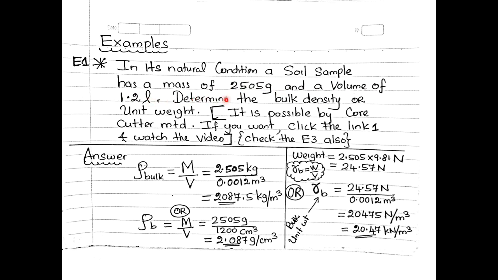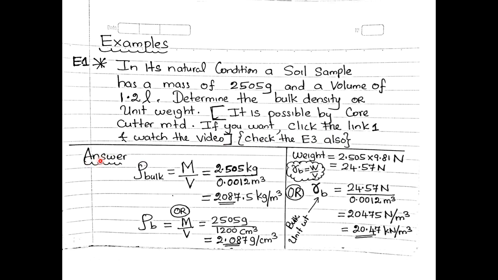Question is, determine the bulk density or unit weight of the soil. This process is possible by the cork cutter method. If you want, click the link 1 below the description portion. Watch the video. Check the example 3 also. That's a little bit later.